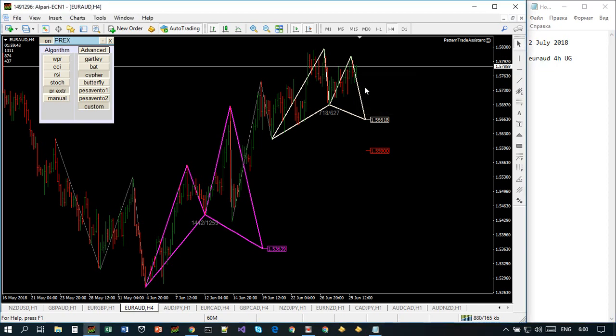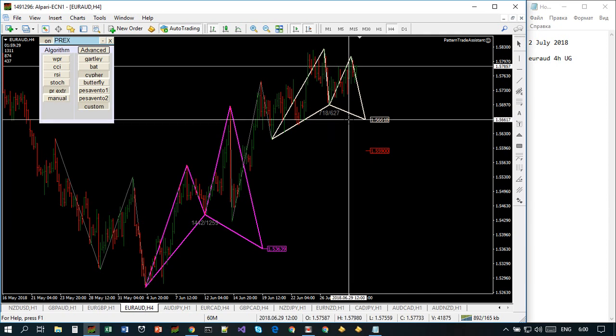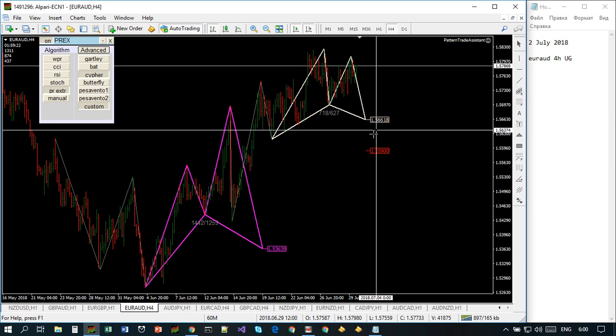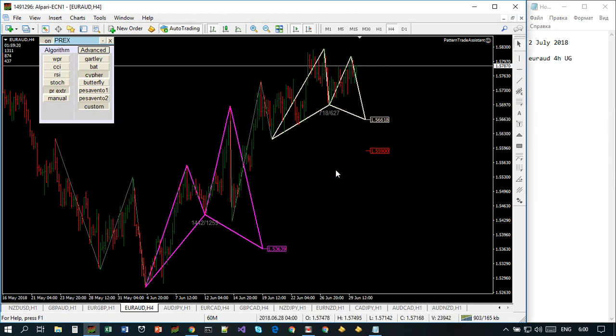Okay guys, let's wait for price to decline. If it ever declines, I don't have the slightest idea what is the probability of price going lower. This is not something that the pattern shows. The pattern shows what is most likely to happen after this zone is hit.